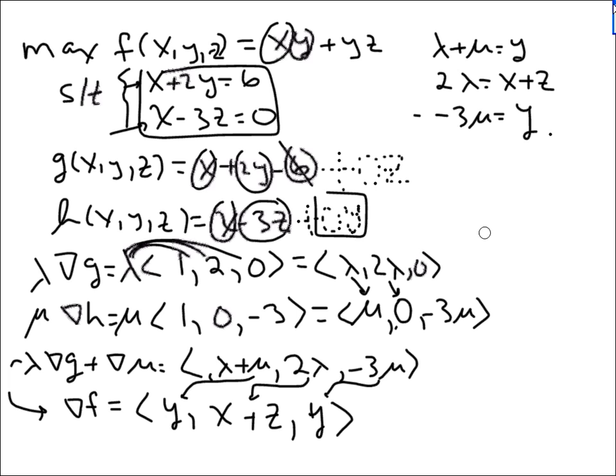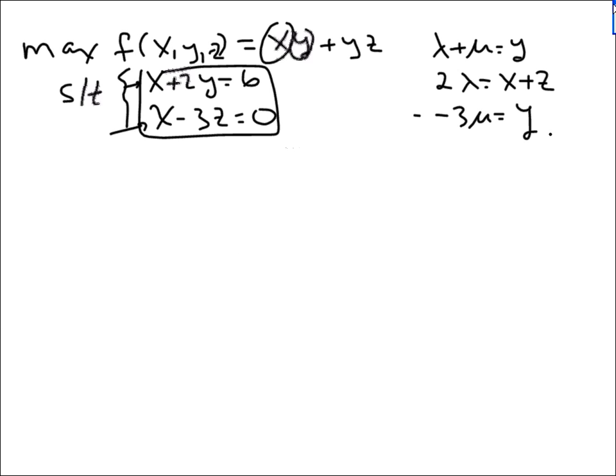I want to make one thing clear. When you go to solve this, when you set the gradients equal to one another, you are allowed to use the constraints as well. It's not just these three equations. It's these two as well.